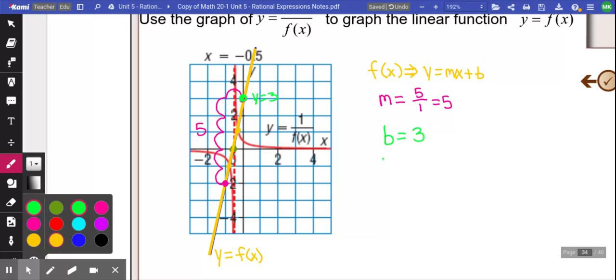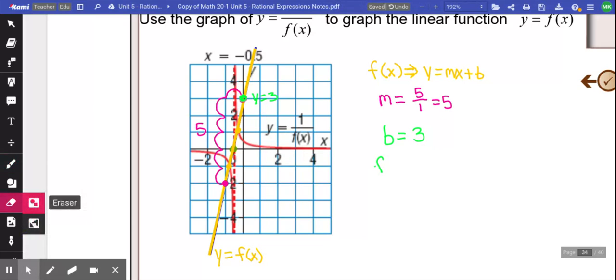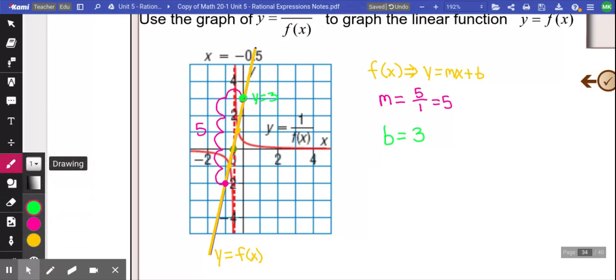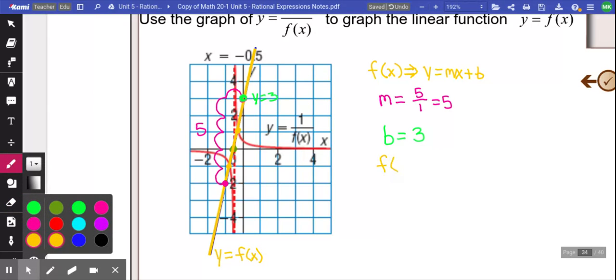That means f of x, which is that straight line, would be y equals 5x plus 3. The reciprocal of that would be 1 over f of x, and that's what would create those red curved lines, which would be 1 over 5x plus 3.